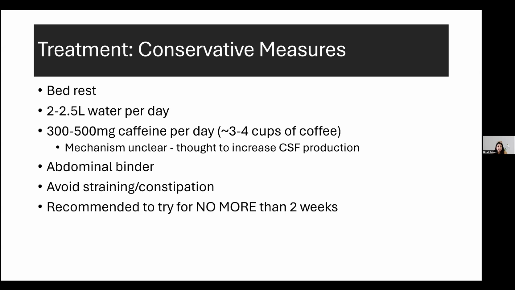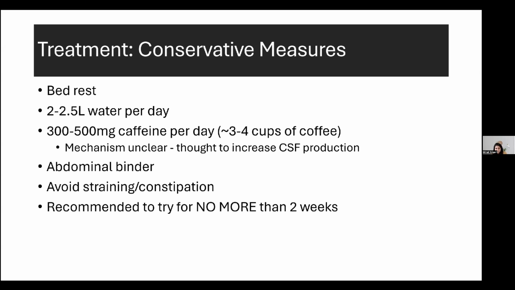So how do we treat this condition? So, we do try to do some conservative measures. Earlier treatment, the better. And so in terms of conservative treatments, we'll counsel patients to try to take caffeine. I'm sure some of you have heard to try to consume as much coffee as you can in a day. So the recommended guidelines is between 300 to 500 milligrams.